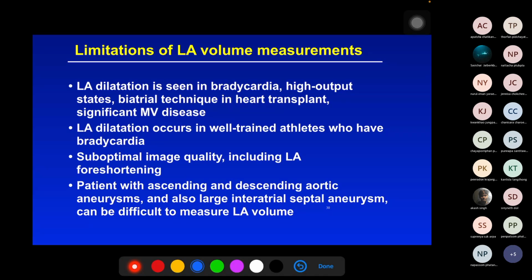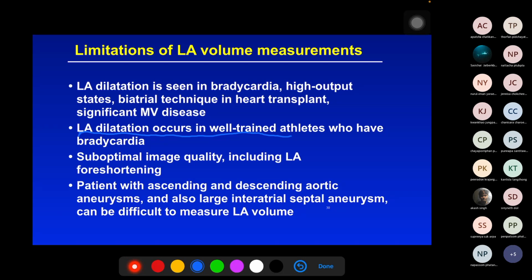Okay, the limitations of LA volume measurement. Sometimes LA dilatation is seen in bradycardia conditions, for example, a patient with sinus bradycardia, or a high output state. Sometimes you can see LA dilatation in a patient with athlete's heart, or a well-trained athlete.